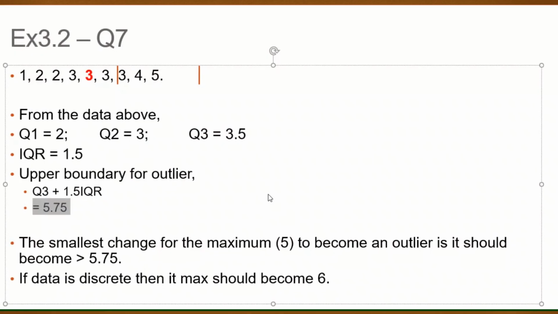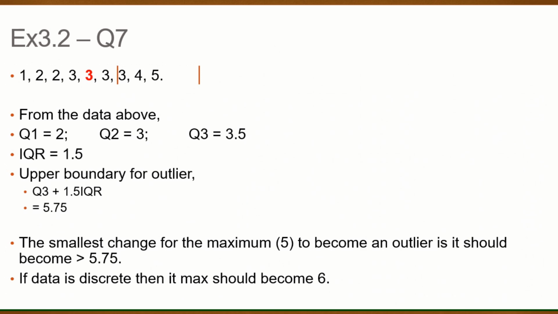All right, so today I would like you to basically complete exercise 3.2, question 1 all the way to question 7. Any questions, please do ask me. All right, so basically that's about it for chapter 3. We have completed chapter 3 now. You must know how to find your measures of dispersion, which is range, interquartile range, standard deviation, variance, using grouped data, ungrouped data, grouped data with intervals or without.